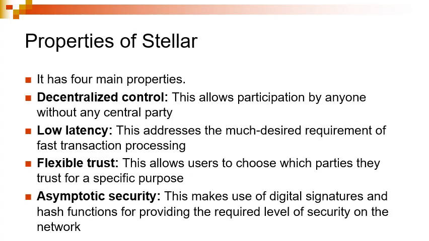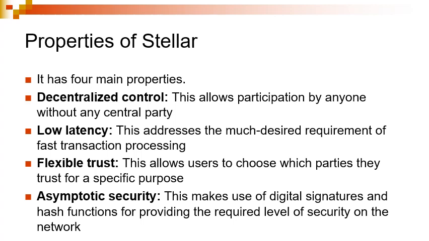There are four properties of Stellar. First, decentralized control. This allows participation by anyone without any central party, so there is no third party controller that controls the overall operation. Then low latency. This addresses the much desired requirement of fast transaction processing; transactions are processed fast.